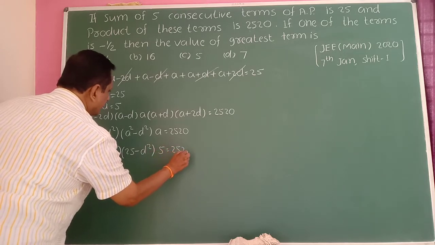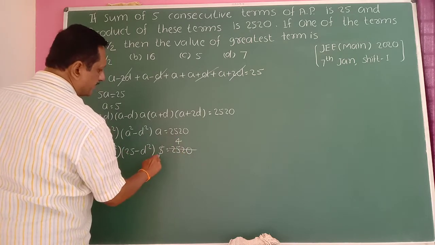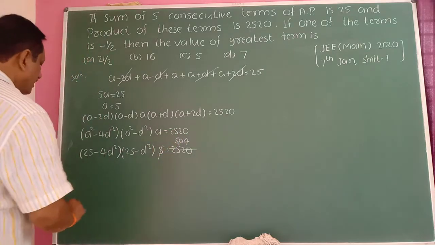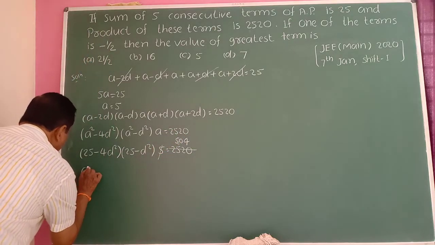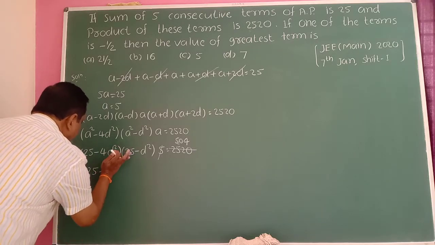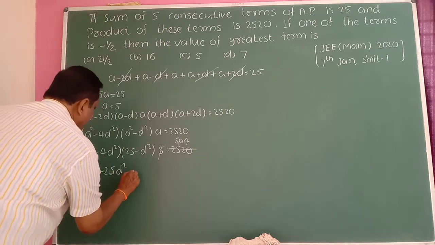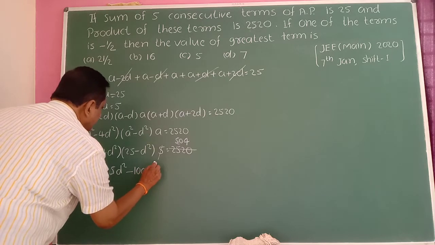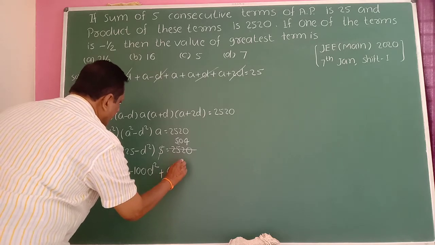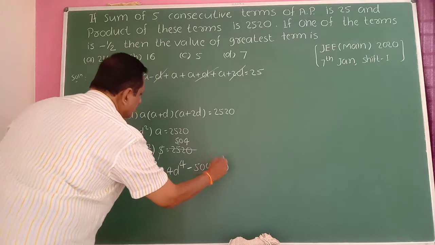Then again 25 minus d square, and a value is 5, equal to 2520. 5 ones are 5, 5 fours are 20, 5 fives are 25, then 0, 5 fours are 20, then 25 into 25 is 625. 25 into d square minus 25 d square, 25 fours are 100, so minus 100 d square, and minus into minus gives plus 4d raised to 4, minus 5 not 4 is equal to 0.